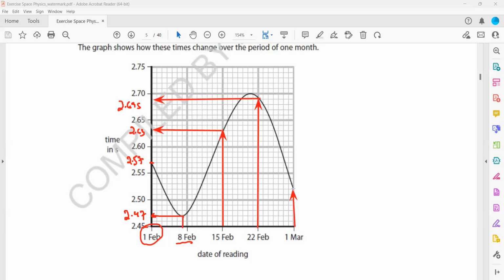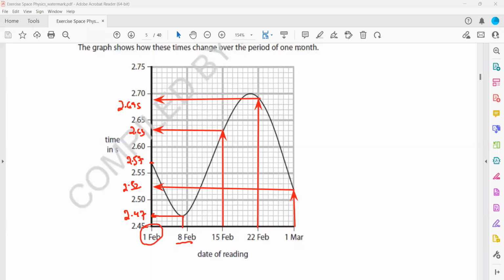On 1st March, it was taking 2.52 seconds. So the time for the light to reflect back from the moon is continuously changing. It's not the same. Some days it's taking a shorter time to bounce back, other days a longer time.